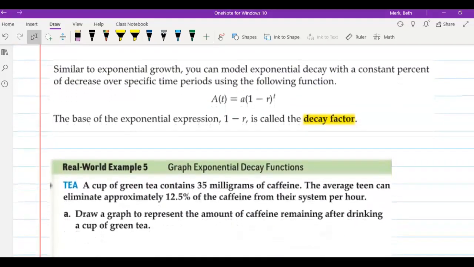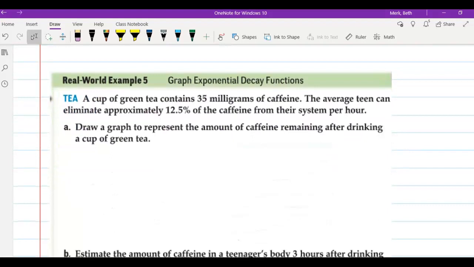And again, if we have a growth factor, we can also have a decay factor. If you multiply repeatedly by something smaller than 1, and I know this is going to be smaller than 1 because if I take 1 and take away the rate, it's lower than 1. Like in this example here, we have a cup of green tea. Start with our original function. Oops.